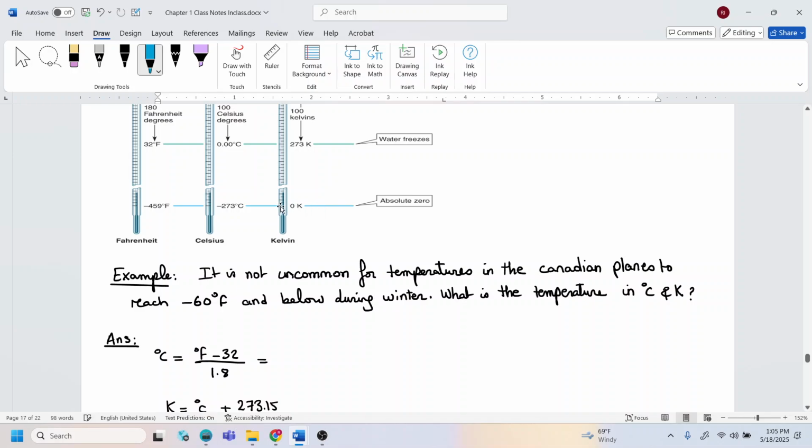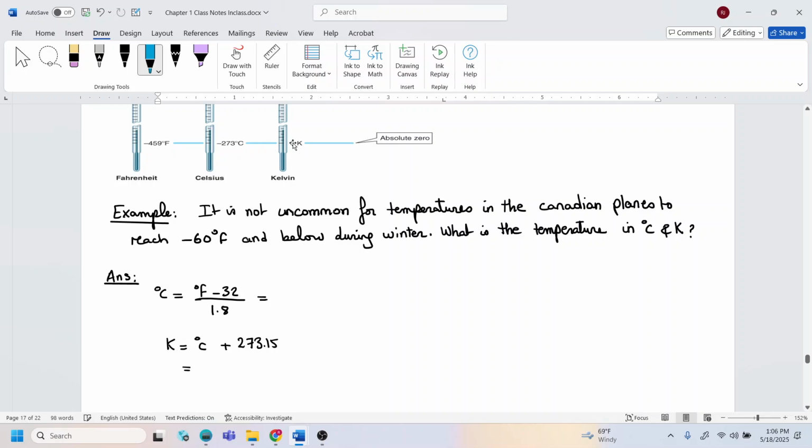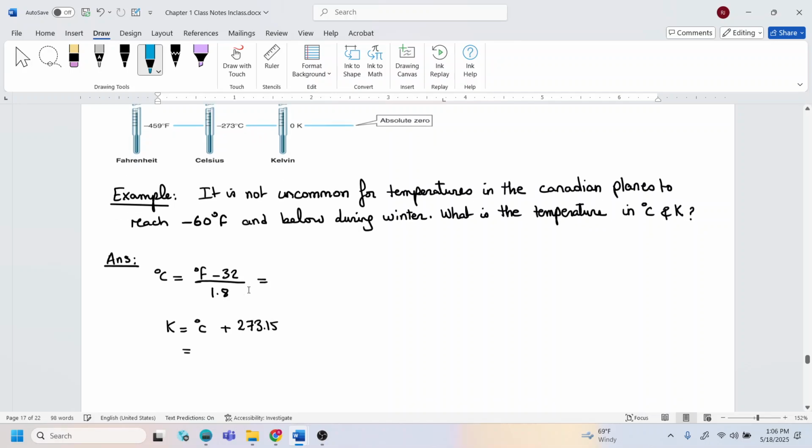It's going to stop vibrating. We know that atoms and molecules are in constant vibration and constant motion, but once they reach absolute zero, there will be no vibration at all. So that temperature is hard to reach, and it's equivalent to minus 273 Celsius or minus 459 Fahrenheit.